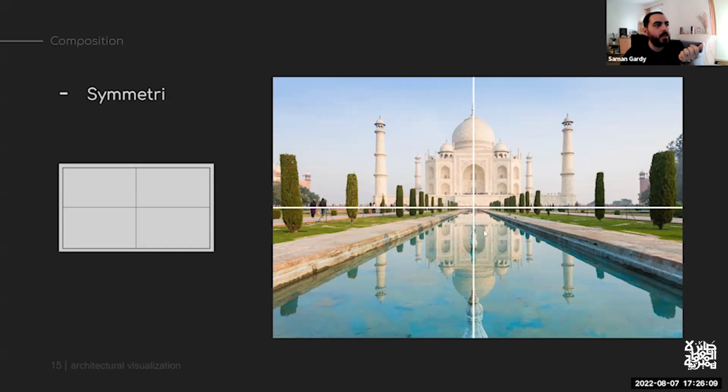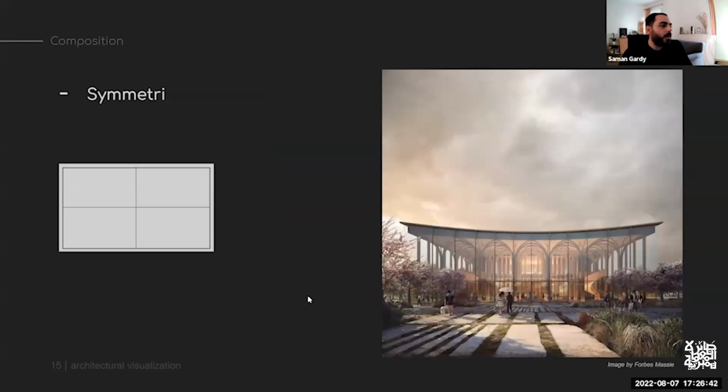The building was placed in the middle, but at the same time, horizontally, we can see the reflection of it. So it's on both sides, vertically and horizontally. Usually when it comes to symmetry, we can see this method in churches, mosques, and governmental building photography, because it gives a feeling of power.